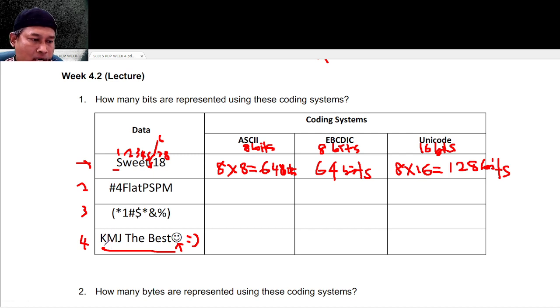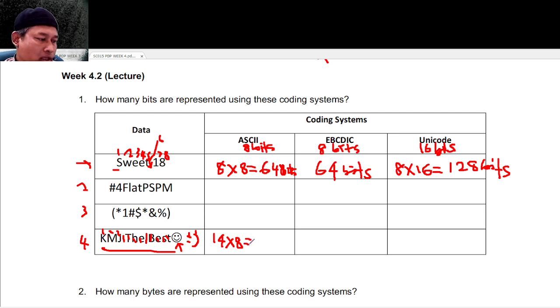K is 1, 2, 3, 4, 5, 6, 7, 8, 9, 10, 11, 12, 13, 14. So 14 characters, multiplied by 8 because ASCII uses 8.